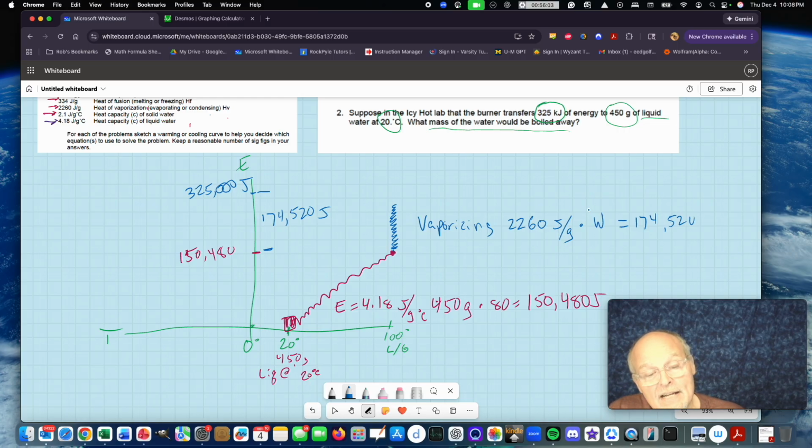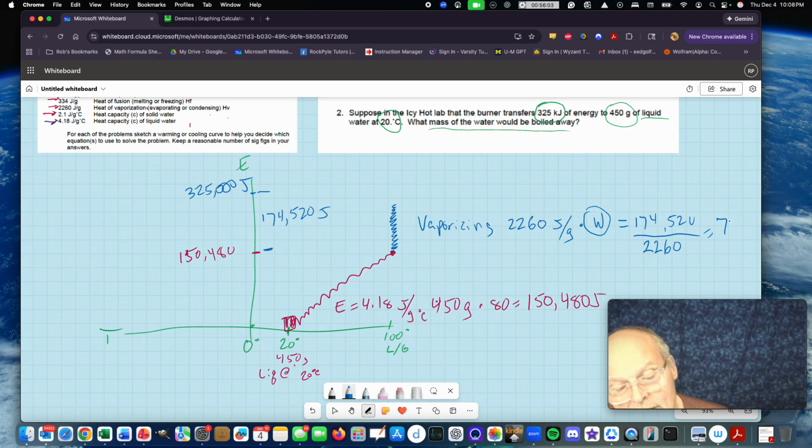So to find out how much will make it through that transition, I'm going to divide by the number of joules it takes to make 1 gram. This will tell me how many grams I get to bump from liquid to gas. So 174,520 divided by 2260, and the answer is 77.2 grams will be boiled.